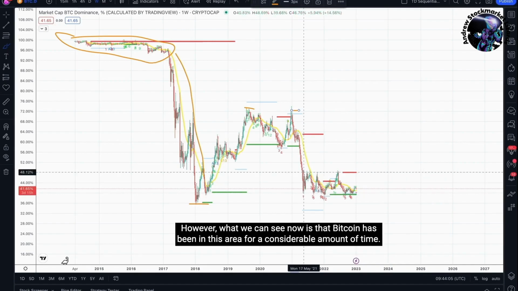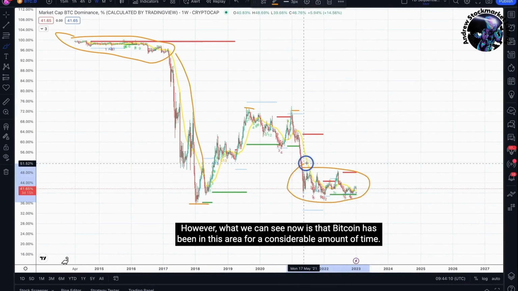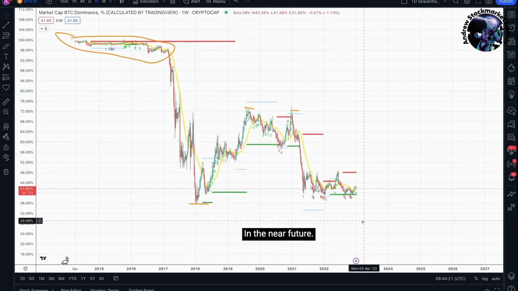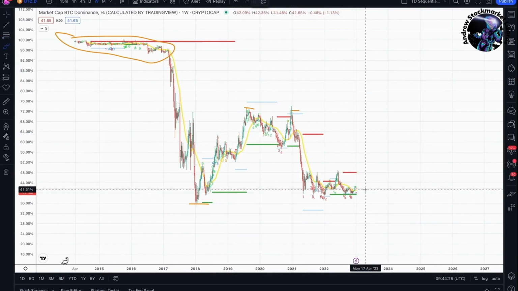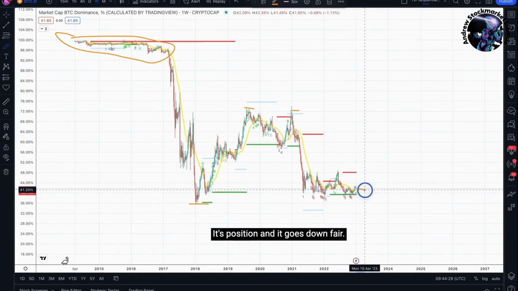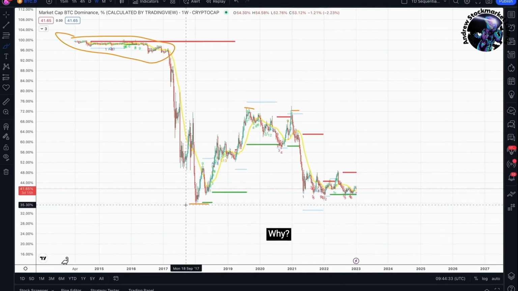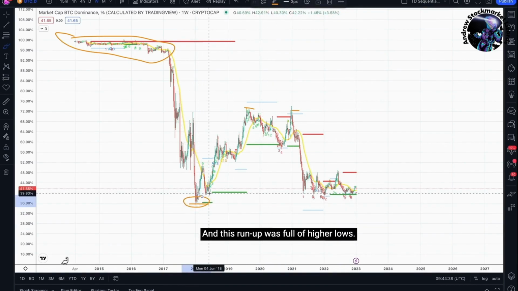However, what we can see now is that Bitcoin has been in this area for a considerable amount of time. And what can we expect to happen in the near future? Is it more likely that Bitcoin loses its position and it goes down further? That's probably unlikely. Why? Because the technicals show us that we made a low and this run-up was full of higher lows.